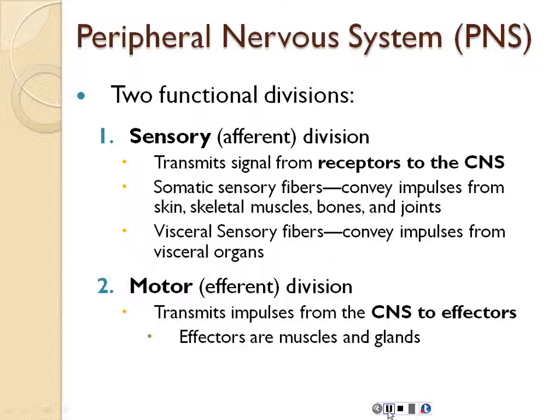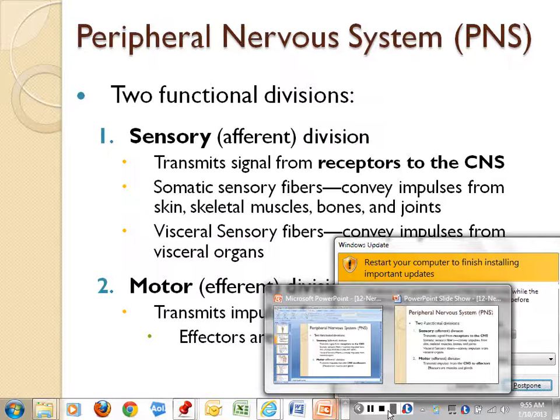Sensory. Okay, notice I didn't say exactly what's up there. Did y'all notice that? Students are quick to say, well, you worded it different. But you know what part of the nervous system the spinal cord is part of. Okay, so the sensory division transmits signals from receptors to the CNS, and motor from the CNS to an effector.